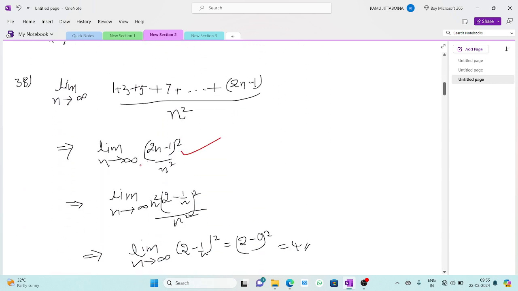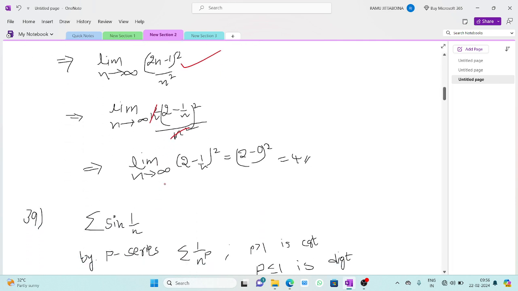So we get limit n tends to infinity of (2n minus 1) whole square divided by n square. I took the common n, so I get n square times (2 minus 1 by n) whole square by n square, and I cancel these two. So I get limit n tends to infinity of (2 minus 1 by n) whole square. After applying the limit, I get 2 square, and 2 square is 4. That is the answer.